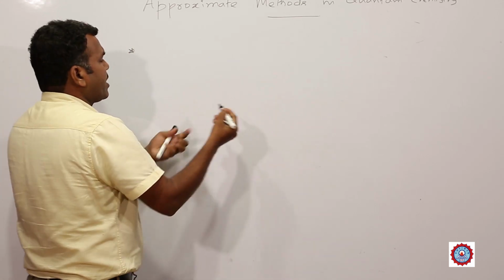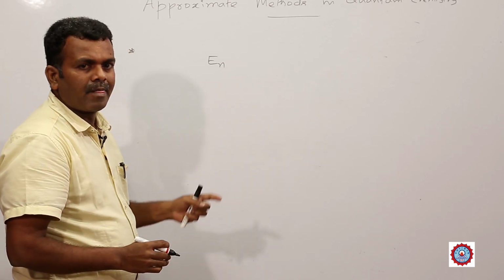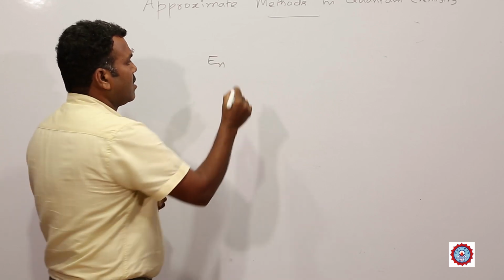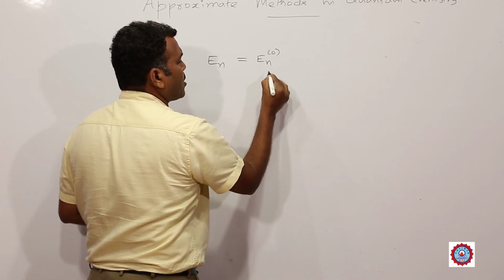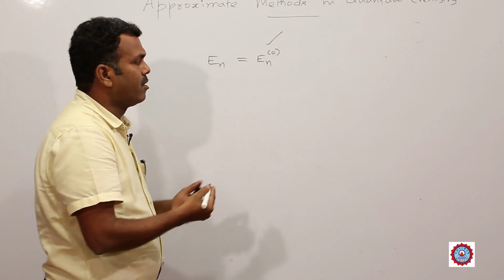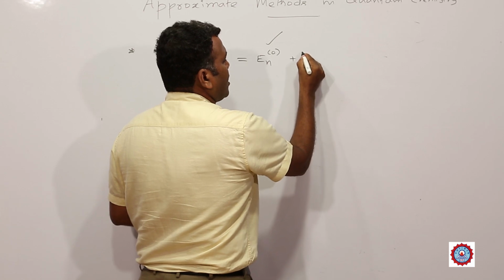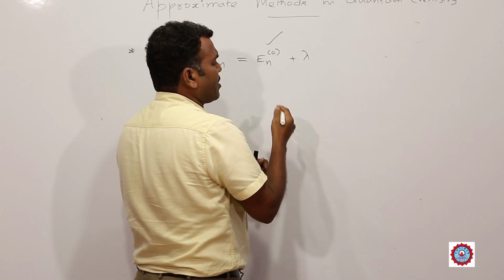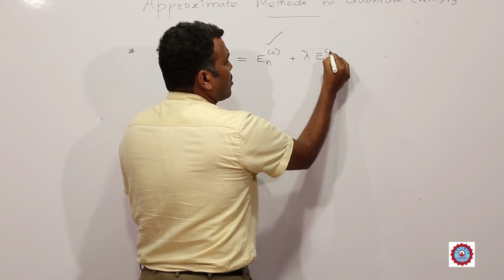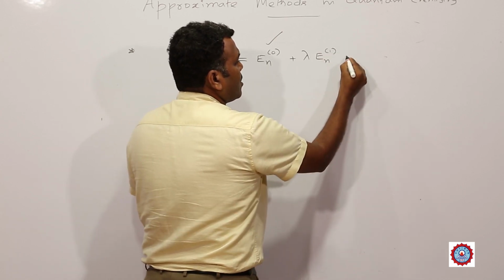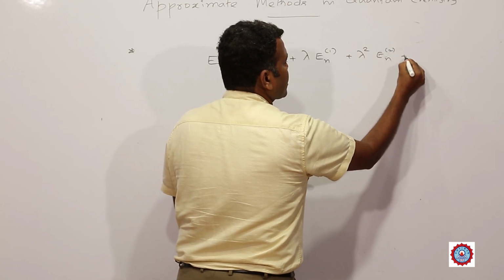Remember, before beginning, remember the energy of the nth state in the perturbed system can be given as energy of the nth state in the unperturbed system. This value is already known. Then we have to include the correction terms. Okay. Lambda is a parameter that we are going to fix. So, you need not worry about lambda. We have to include the first order correction, then we have to include the second order correction, okay, etc., etc.